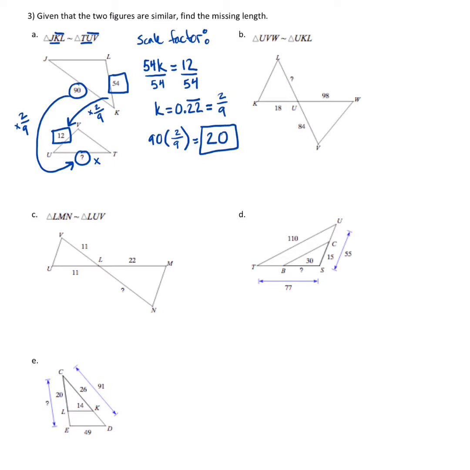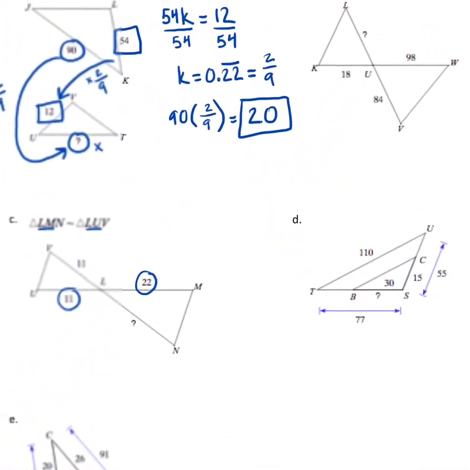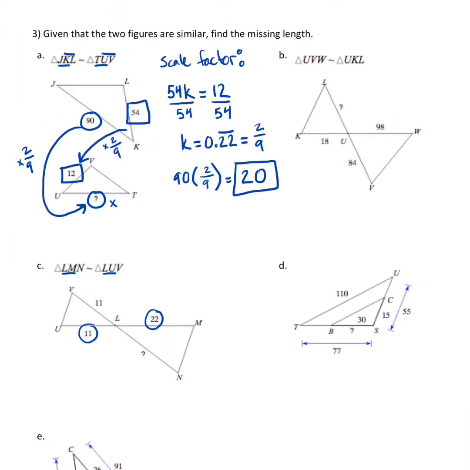Let's do part C with the scale factor method as well. Here's what I know. LM corresponds with LU. Sorry, let's come back. Okay, we're back. I have side LV that goes with LN.